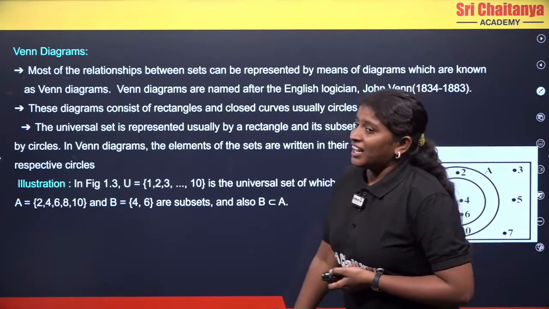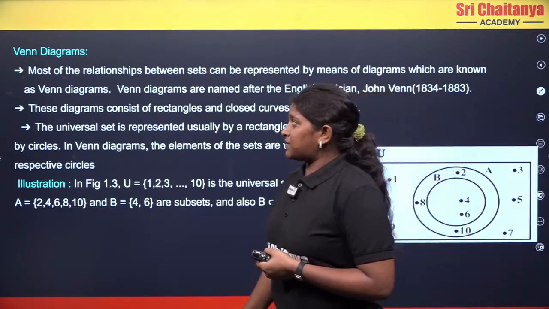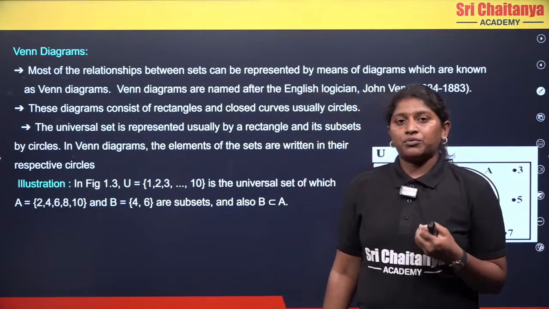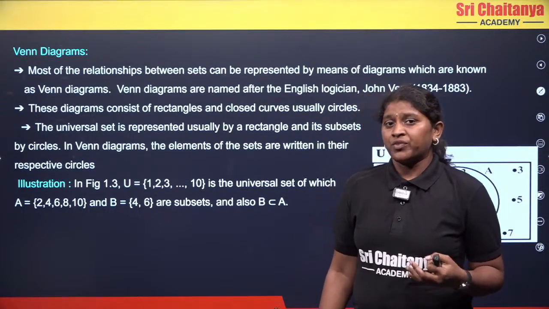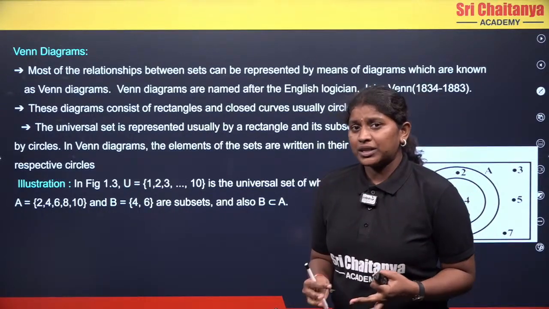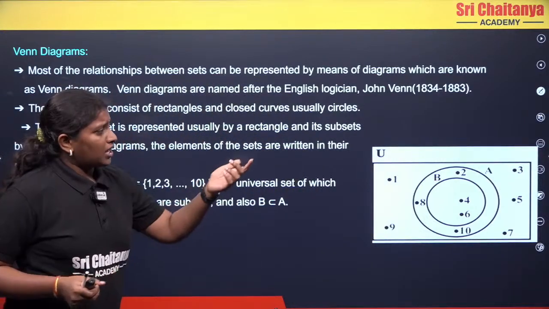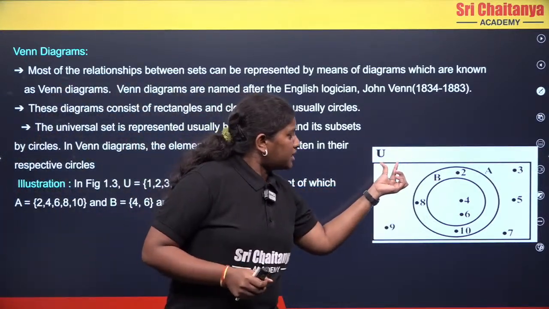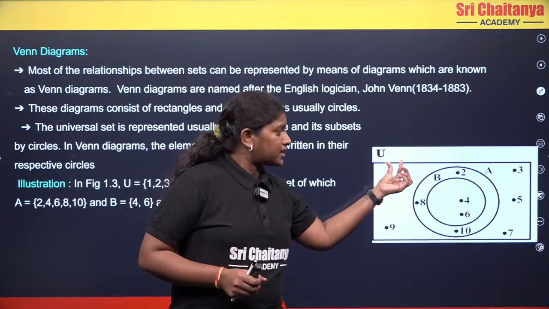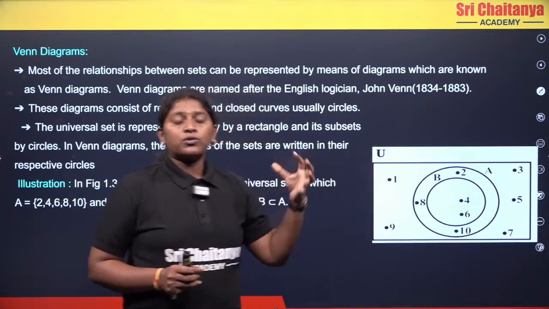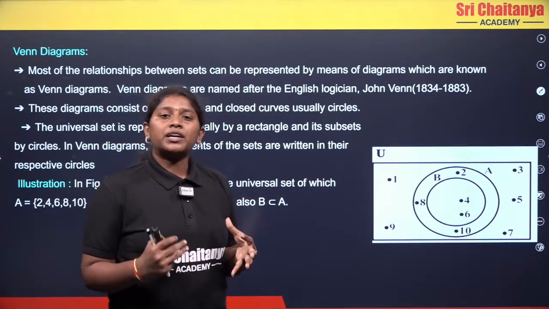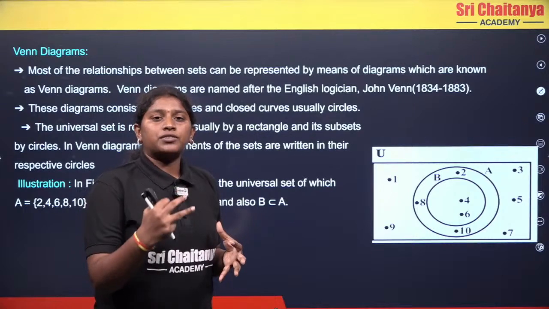Okay. Now moving to the next, the Venn diagrams. So what is the use of Venn diagrams? We can represent the sets with the help of Venn diagrams. As you see here, we are using the circles and the rectangles. Mostly in Venn diagrams, we use a particular shape for each set.